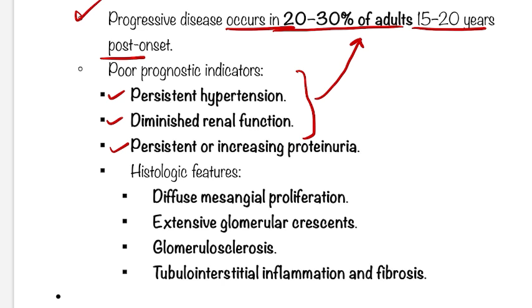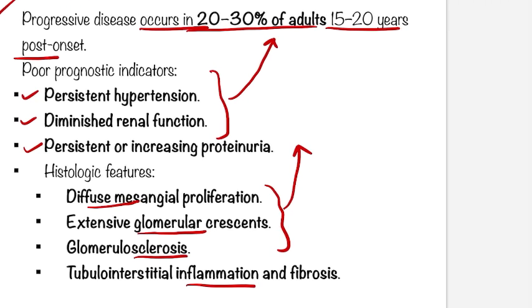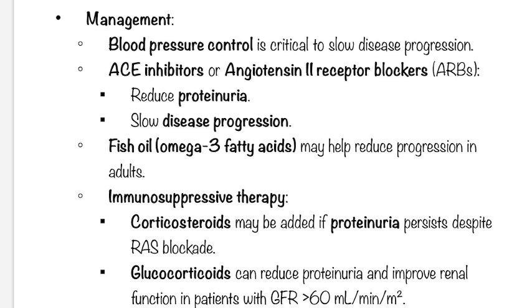Histological findings like diffuse mesangial proliferation, extensive crescents, glomerulosclerosis and fibrosis also lead to this. So either clinical or histological features suggest the disease will progress and may land up in end stage renal disease, but that is less likely.